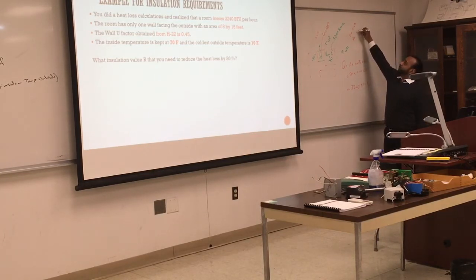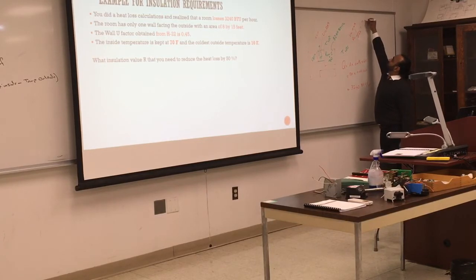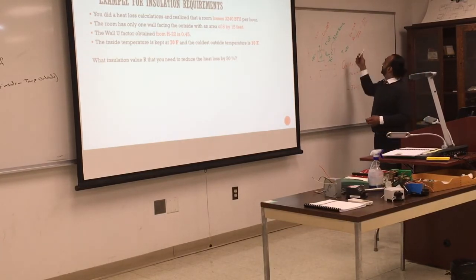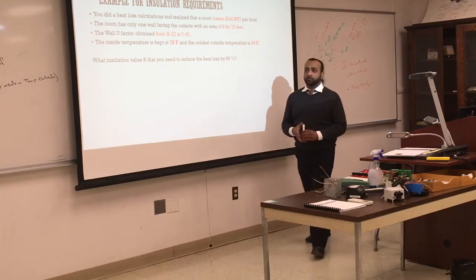If U is 0.45, how do I calculate R? Multiply it. Over 1? Yeah, 1 over 0.45. What do I got? 2.2 repeating. Okay, so I know the resistance of the wall is 2.22.